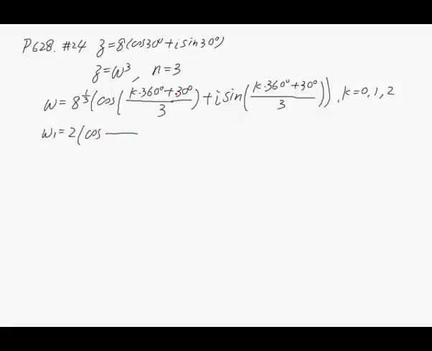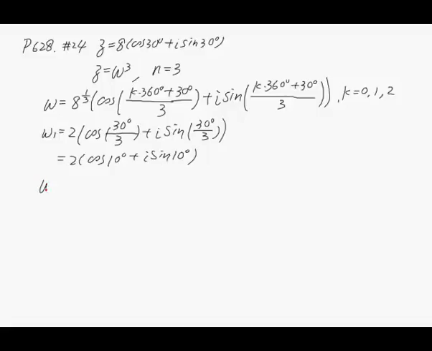Okay, k is equal to 0, you have the 30 degrees here, right, divided by 3, and plus i times sine of the 30 degrees divided by 3. And then you simplify, you get 2 times cosine of 10 degrees plus i times sine of 10 degrees. And then we just keep this in this exact form.